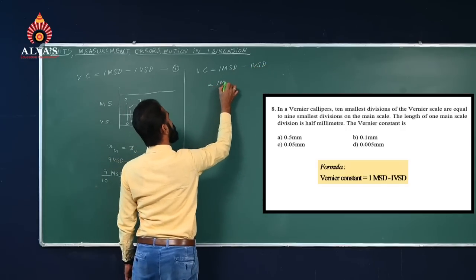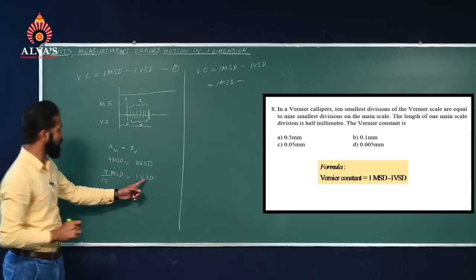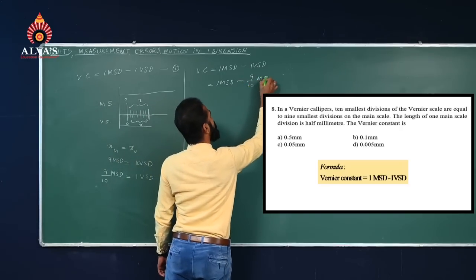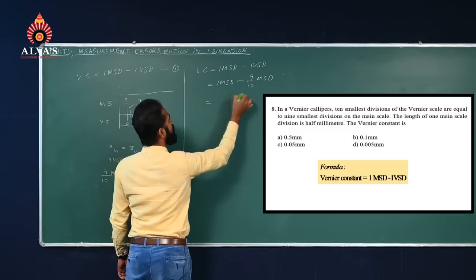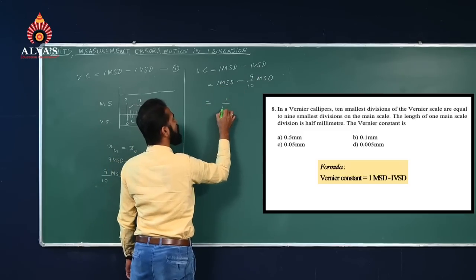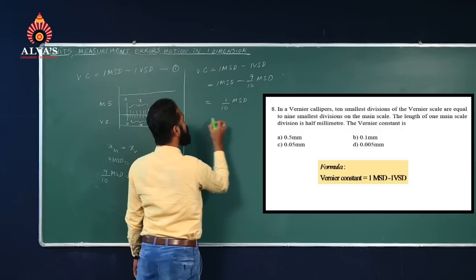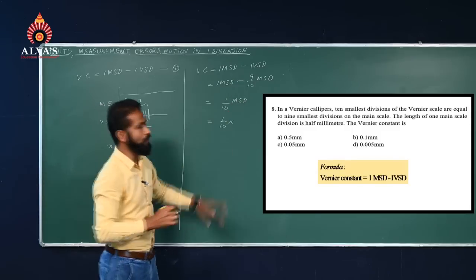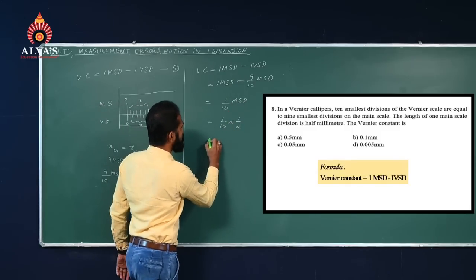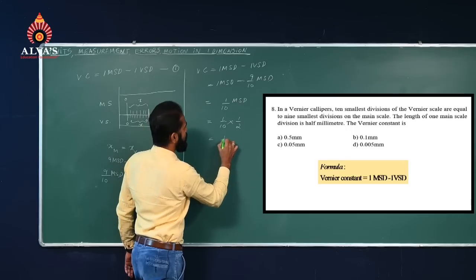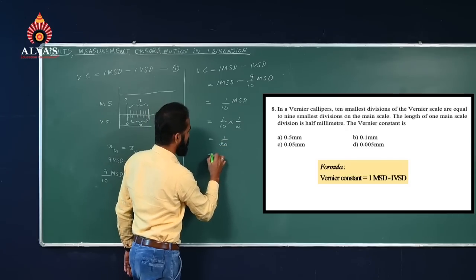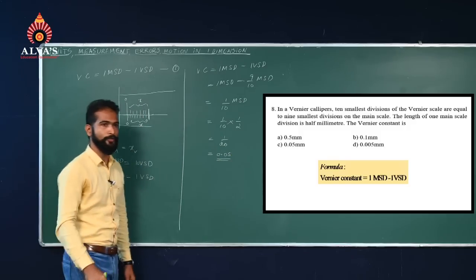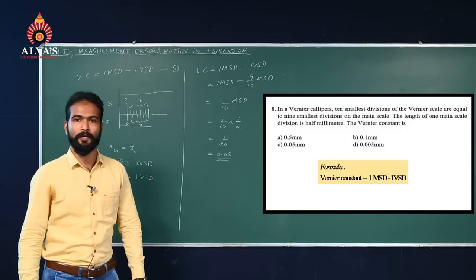So 1 main scale division minus, we have 1 vernier scale division, that is 9 by 10 of main scale division. So this will become 10 minus 9 is 1, so 1 by 10 main scale division. So 1 by 10 into 1 main scale division, which is given in the question as half millimeter. So this becomes 1 by 20. 1 by 20 will be 0.05. That gives you option C as the correct choice.